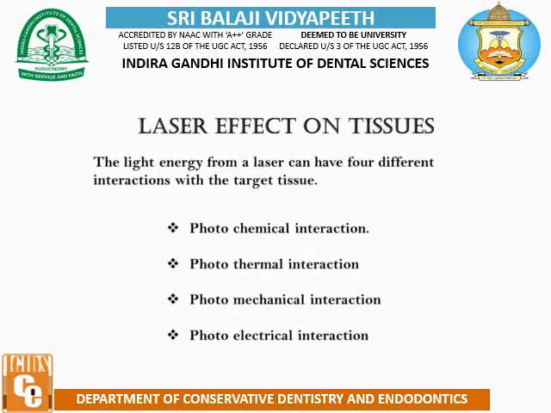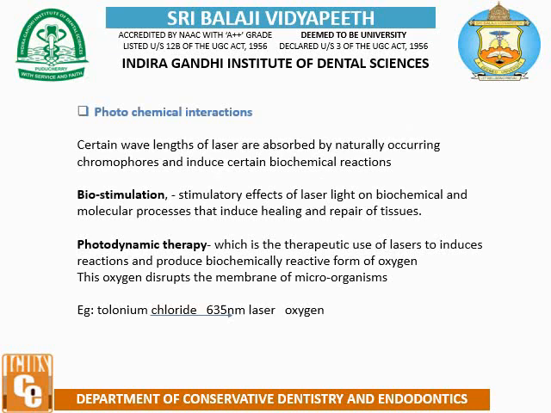Laser effects on tissue. The light energy from the laser can have four different interactions with target tissues: photochemical interaction, photothermal interaction, photomechanical interaction, and photoelectrical interaction. Photochemical interaction. These are certain wavelengths of a laser which are absorbed by naturally occurring chromophores and induce certain biochemical reactions.